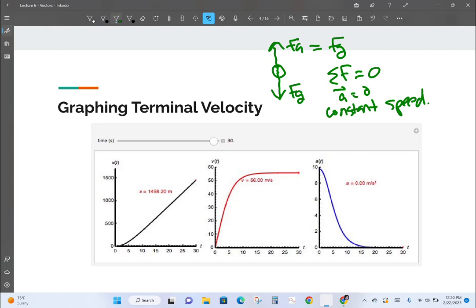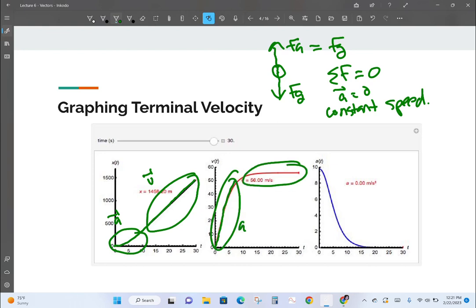So if we just look at the speed, as the object falls, it accelerates and gets faster and faster until it reaches a constant speed. So you can see this area is acceleration, and this area on the position graph is constant speed. The velocity graph is linear, and then, so this is acceleration, and this is constant speed.